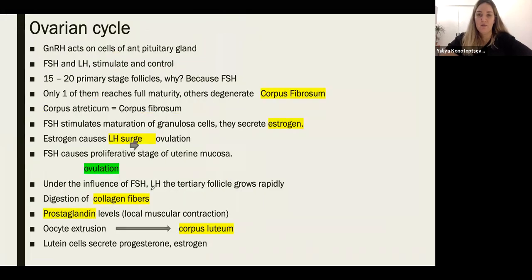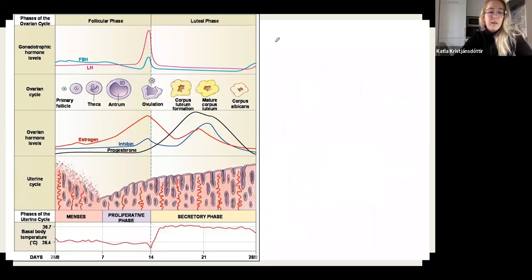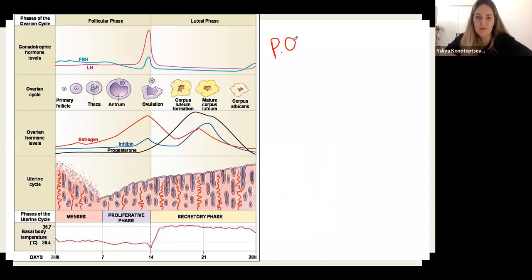Okay, can we quickly draw it? I go here. What does a primordial follicle consist of? Primordial follicle consists of the primary oocyte surrounded by the squamous or flat follicular cells.